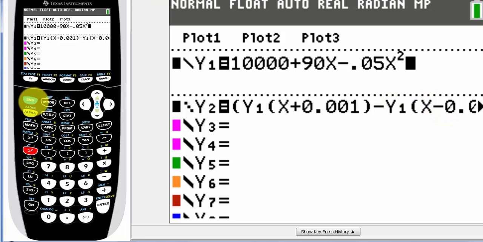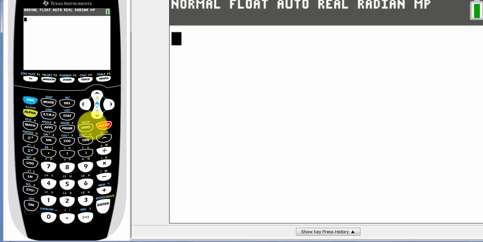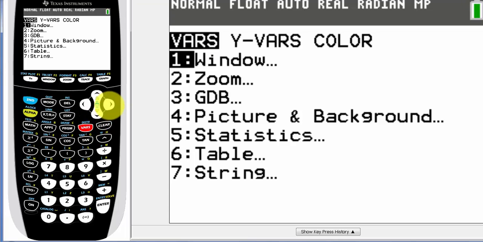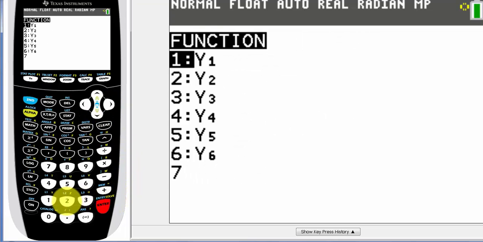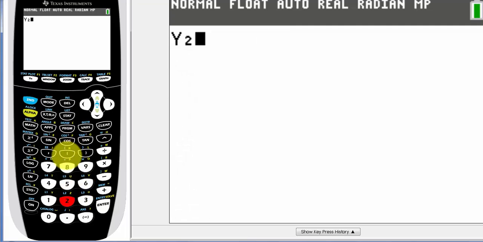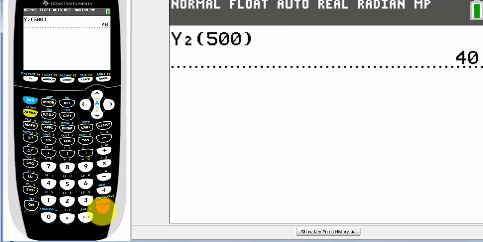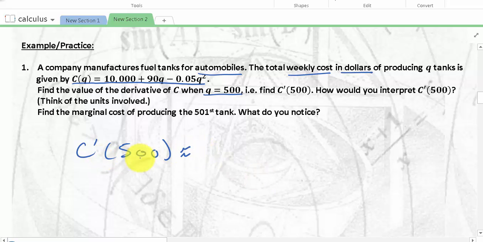Now let's go on the home screen this time, and get the derivative at 500. So y2 at 500, and it is about 40. So I have that C prime at 500 is about 40.